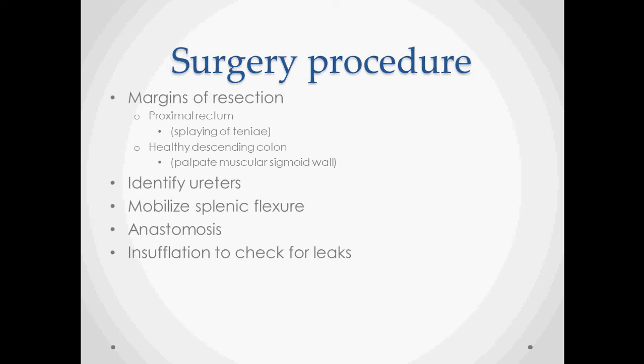It'll leave a row of staples all the way around the anastomosis site, and it will also cut as it staples a slice off the end of each of the ends that are anastomosed.